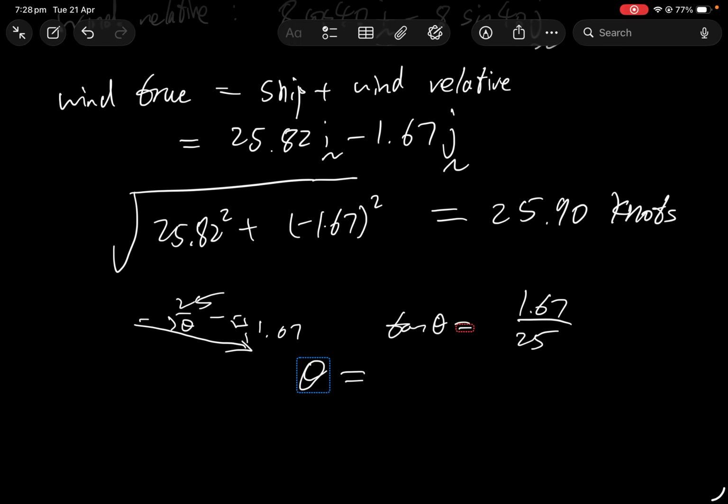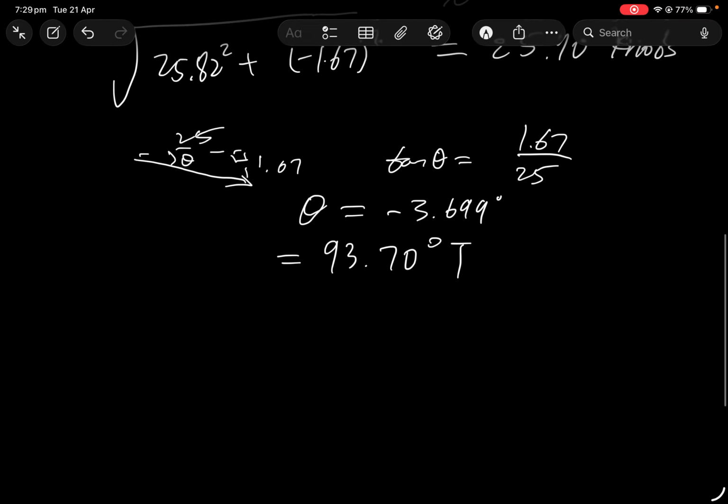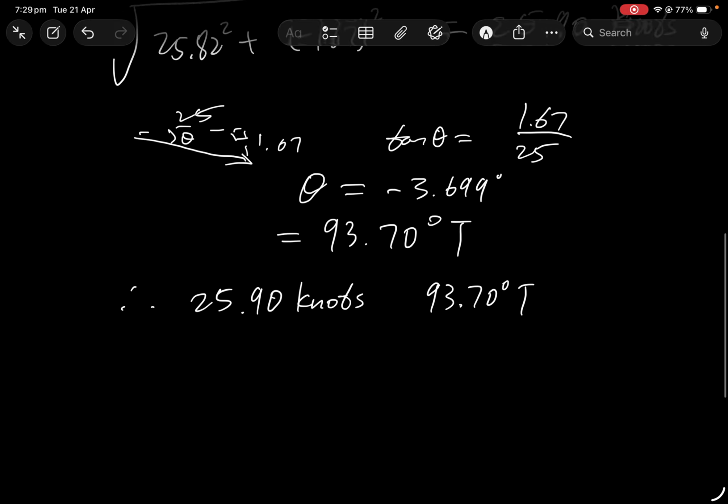We get negative 3.699 degrees, which is just, we can take 90 to give us both negative, so 93.7 degrees true. So this will be 25.90 knots, 093.70 true bearing, that direction.